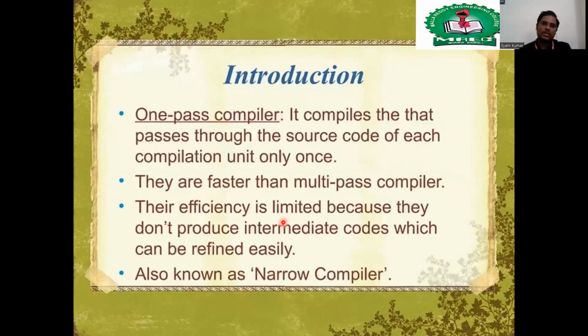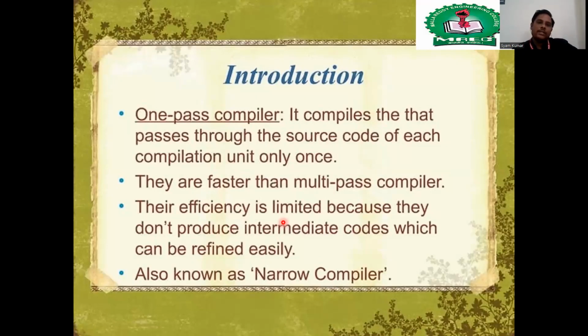And now the introduction, one pass compiler. It is also known as a narrow compiler. It passes through the source code of each compilation unit only once. So given the number of lines of code, each line will be compiled at least one time. That's why it is much faster than a multi-pass compiler.